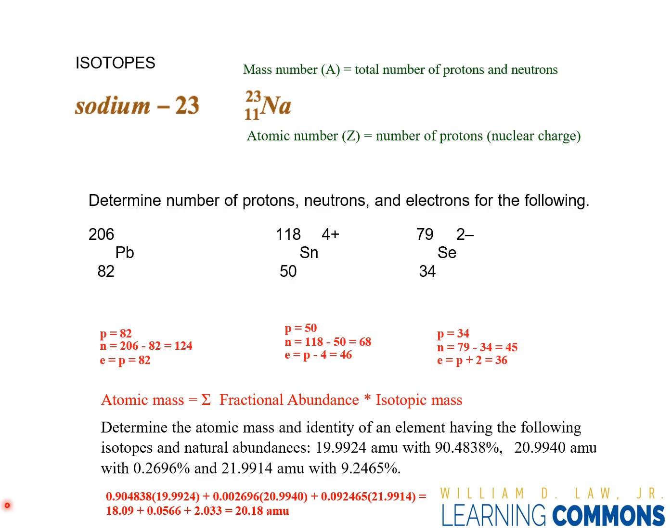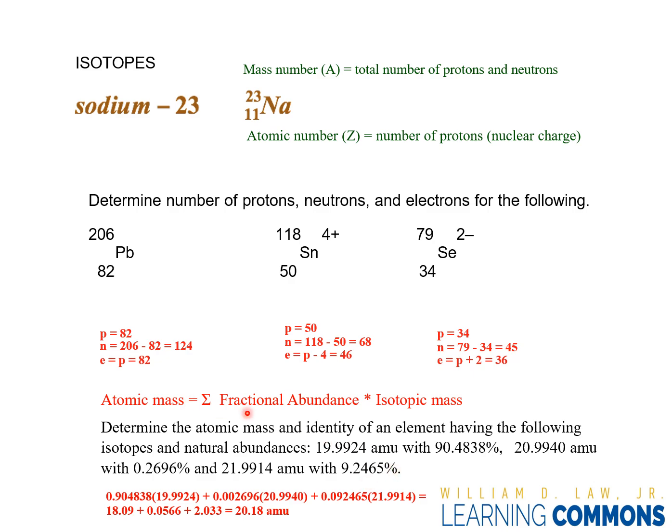If you read this example, determine the atomic mass and identify an element that has the following isotopes and natural abundances. Like 19 with the natural abundance of 90%, and 20 with 0.26%, and 21 with 9.2%. First of all, we have to follow the law here.